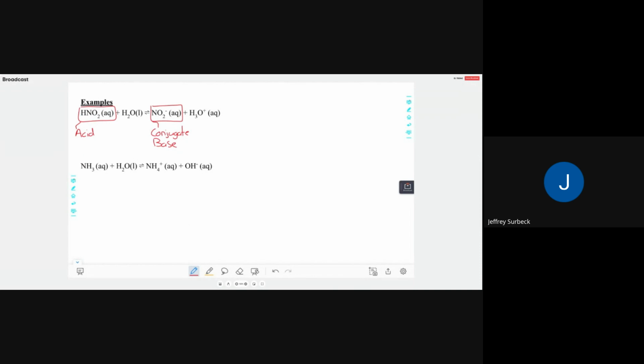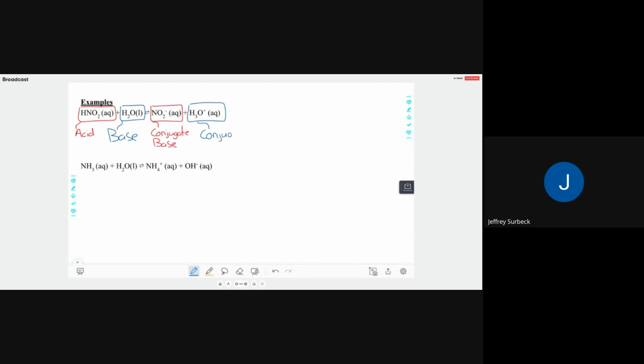So from left to right, did H2O gain or lose an H plus? Gain. Because it gained, by the Bronsted-Lowry definition, H2O is a base, which means that H3O plus is our conjugate what? Very good. Okay.